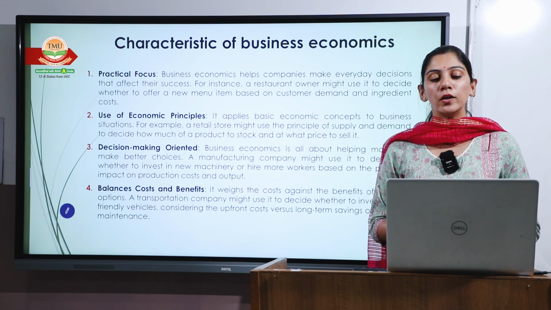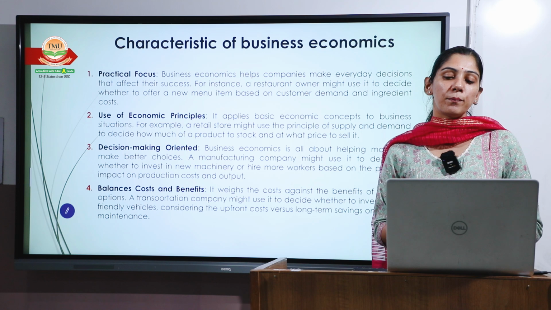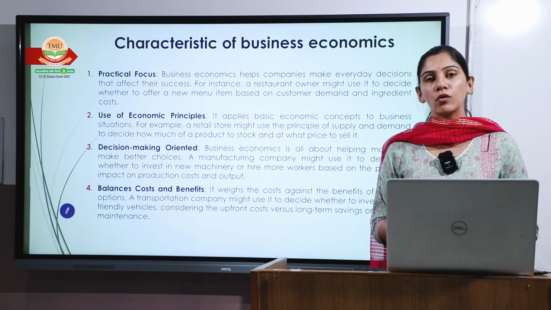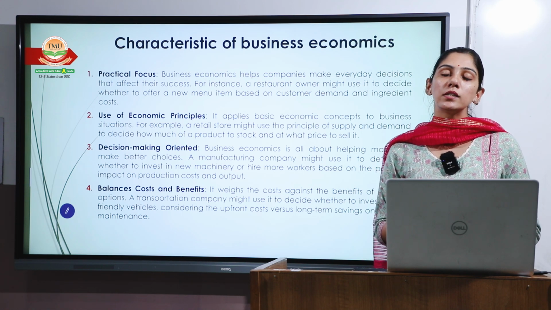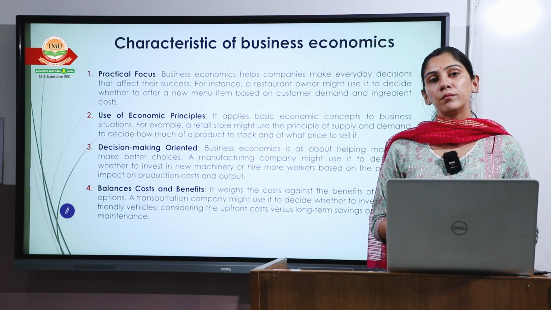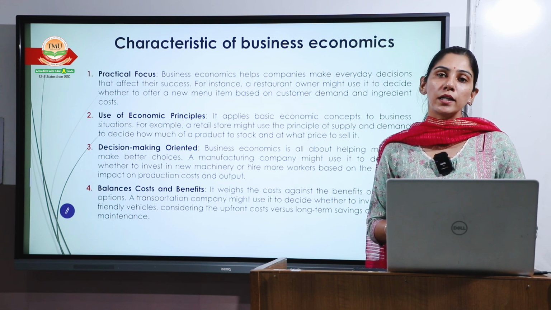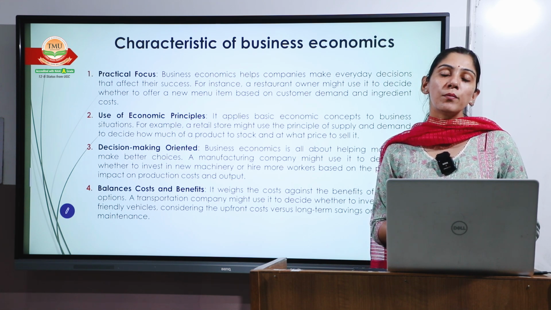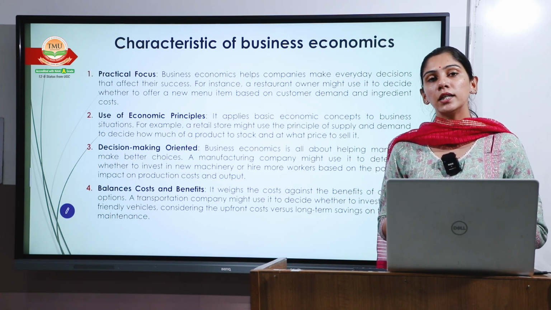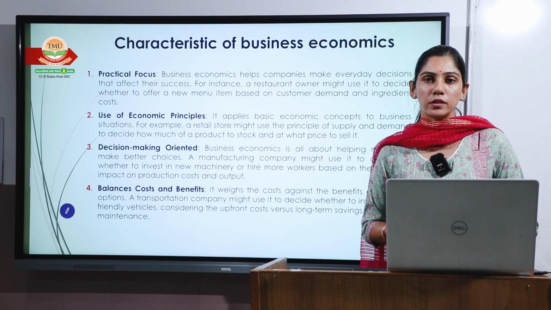Next point is use of economic principles. So it applies basic economic concepts to business situations. What are the basic economic concepts? Basic economic concepts are like supply and demand. When demand of any commodity increases, then supply of that commodity will also increase.